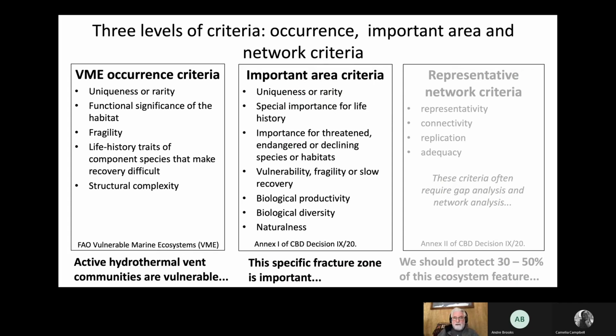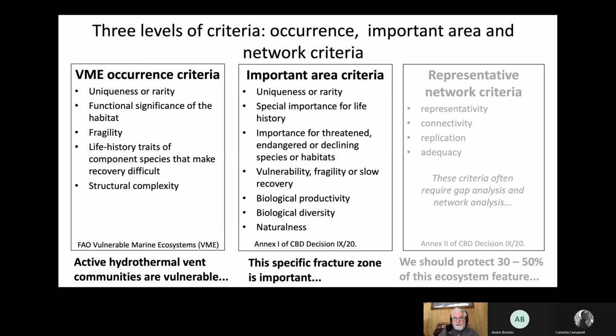The three different criteria I already mentioned were taken from well-known and existing criteria. So the VME criteria modified and used from the FAO were used to describe vulnerable marine ecosystems. For example, active hydrothermal vent communities were considered to be vulnerable.